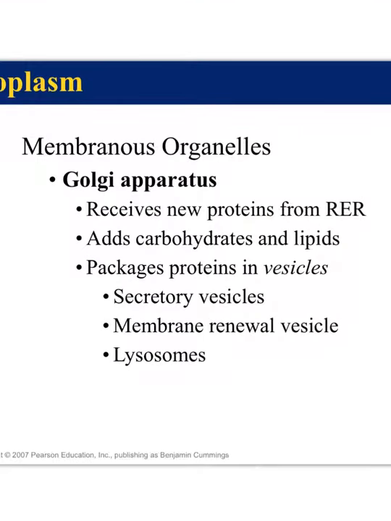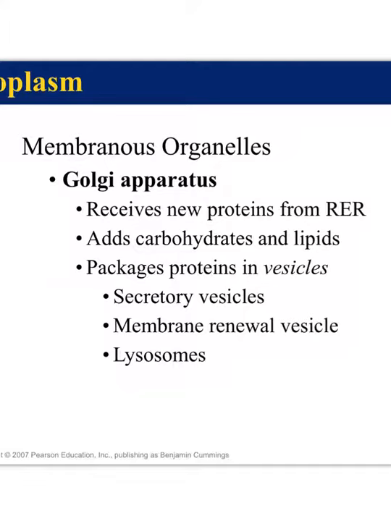The next of the membrane-bound organelles is the Golgi apparatus. The Golgi apparatus, also sometimes called the Golgi body, is highly connected with the endoplasmic reticulum. It's going to receive the proteins that are made on the rough endoplasmic reticulum. It's also going to add carbohydrates and lipids, as well as package proteins into vesicles.